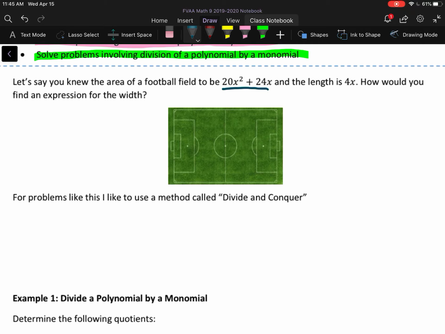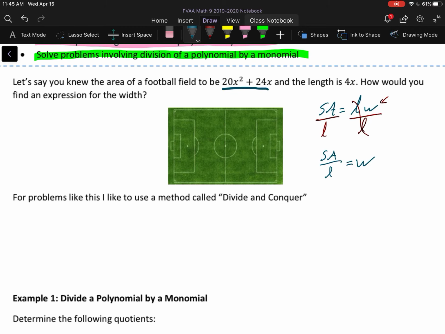We know that the surface area of a rectangle is equal to length times width. If we were trying to figure out the width, we would want to divide both sides of the equation. We want to isolate this w, so we bring the length over to the other side, giving an equation for width, which is equal to the surface area divided by the length.